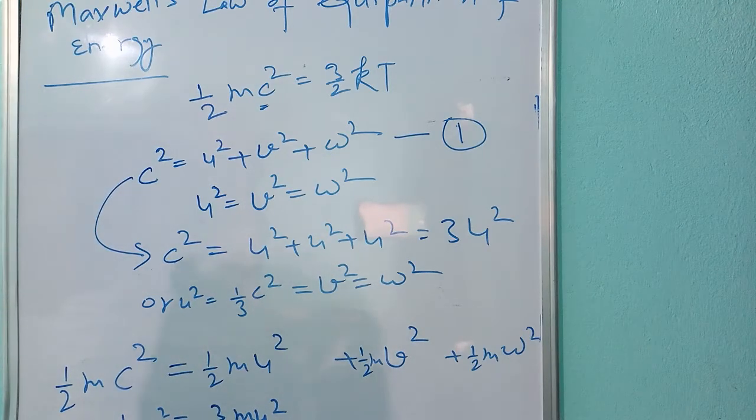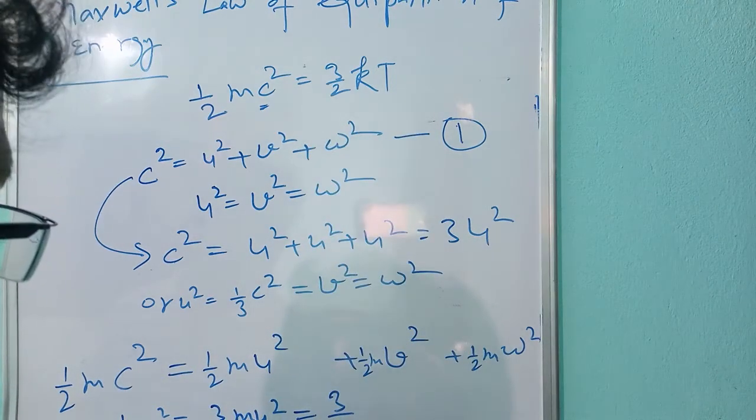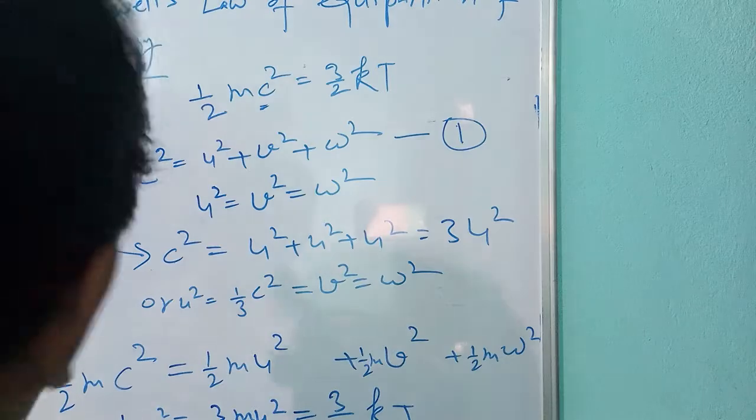And 1 by 2 m c square is equal to 3 by 2 kT, so it will be equal to 3 by 2 kT.